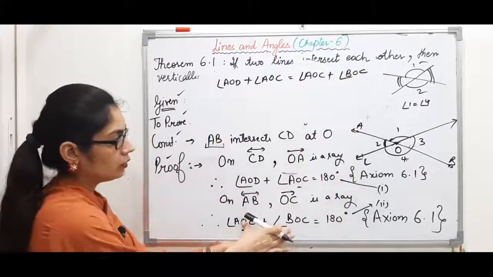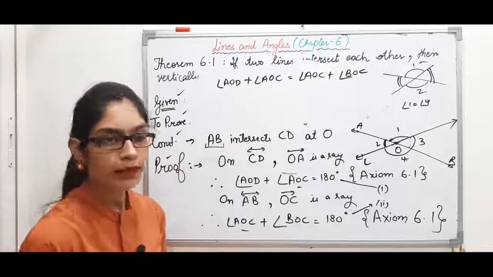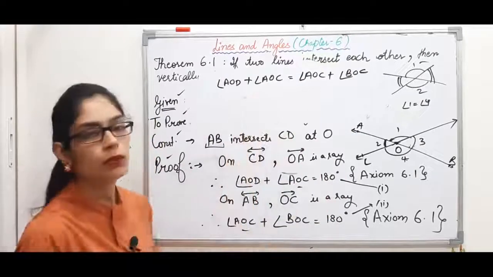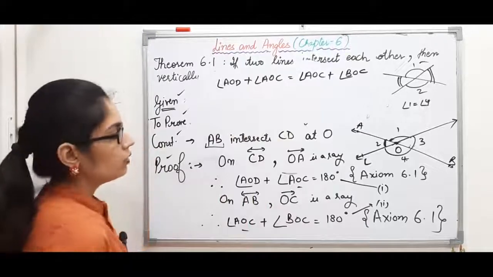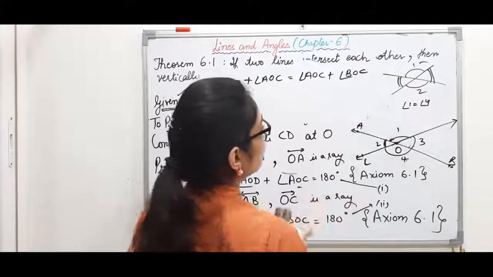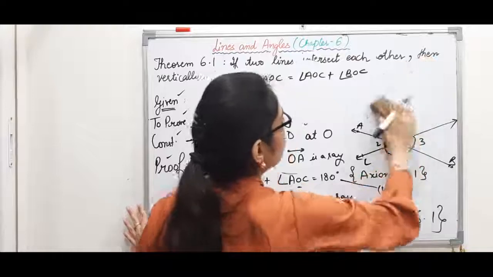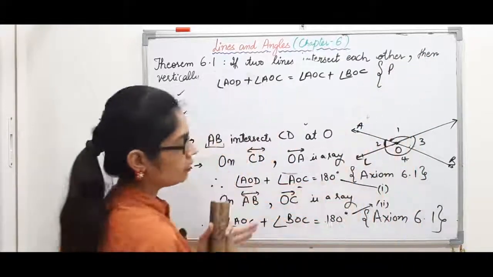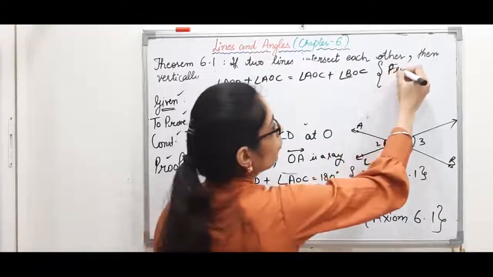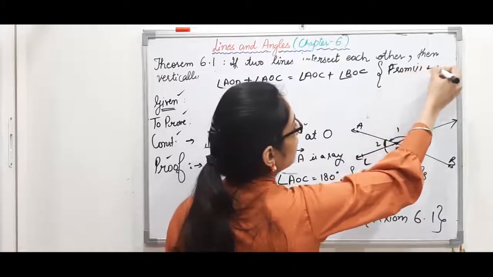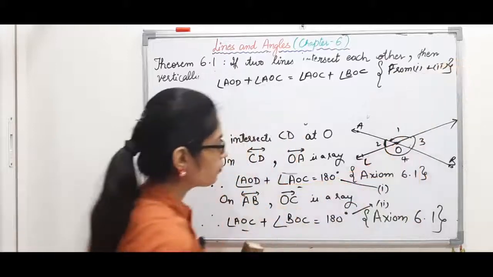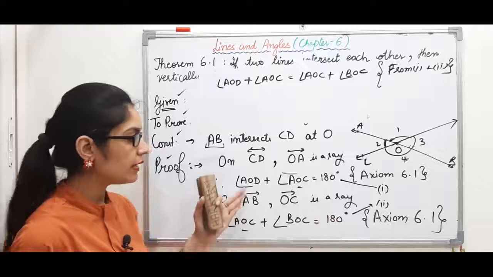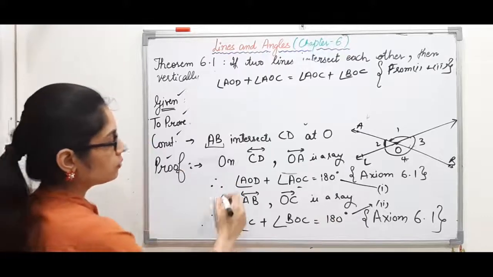Both of these terms are equal to 180 degrees, so they are equal to each other also. You can mention here from 1 and 2. The reason also you have to mention while doing a proof of a theorem. So you have to mention everything: from first and second, because any two terms which are equal to a common term are equal to each other also.